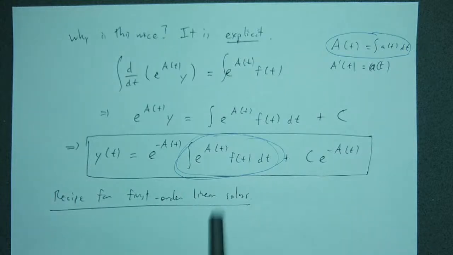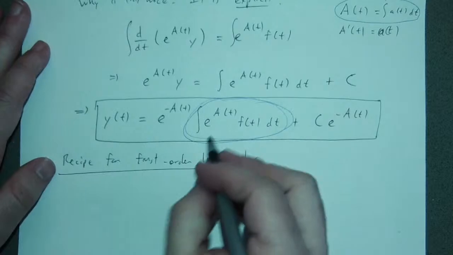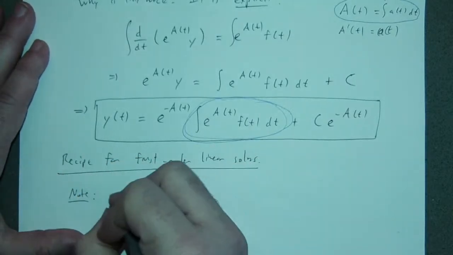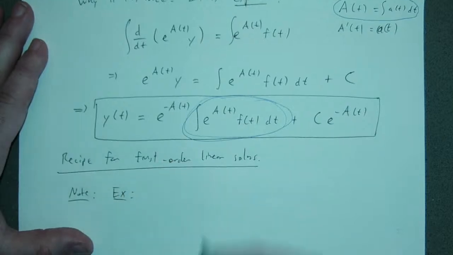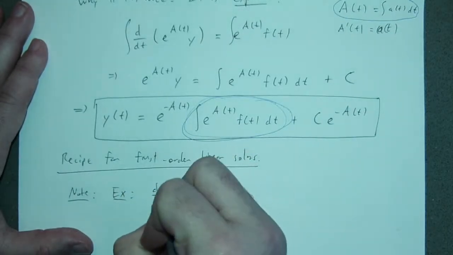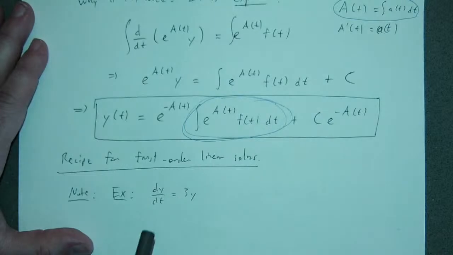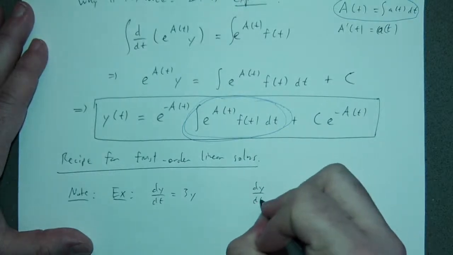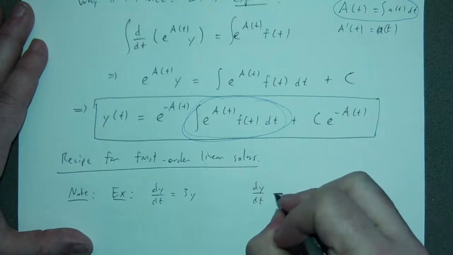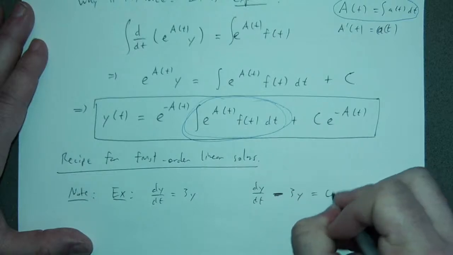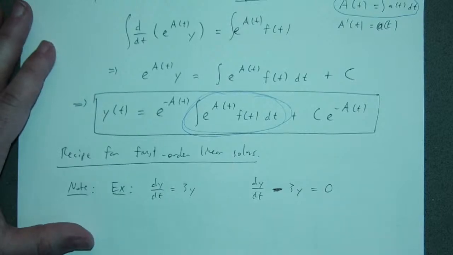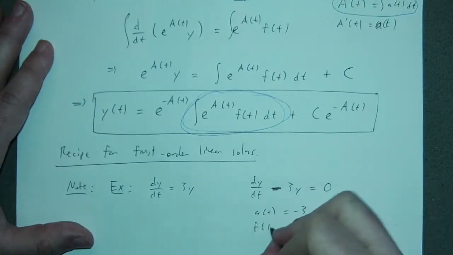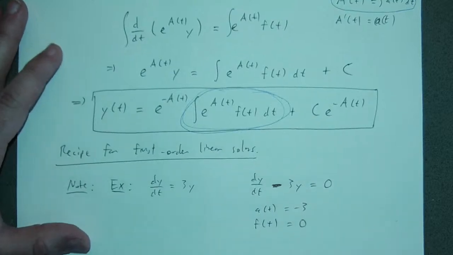Note, if we go back to our example, dy dt is equal to 3y. If I write this in linear normal form, this is dy dt minus 3y is equal to 0. So little a of t is equal to minus 3. F of t is equal to 0, as we said.